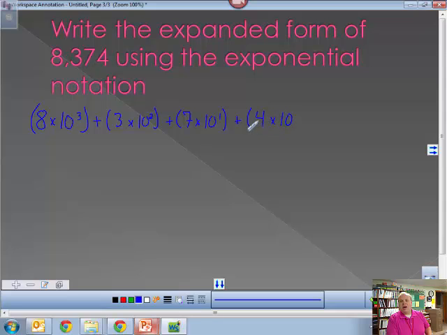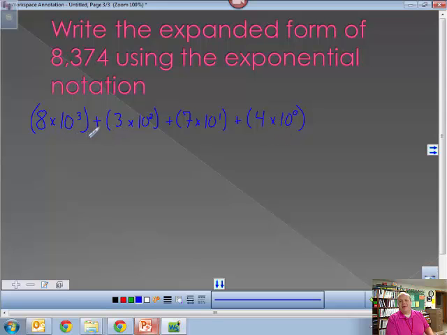What power of 10 am I going to use to where I have 4 times 1? Well, we learned in the last slide that anything to the 0th power is actually 1. So I can make this to the 0th power. So I have 4 times 10 to the 0th power, which would be 4 times 1.